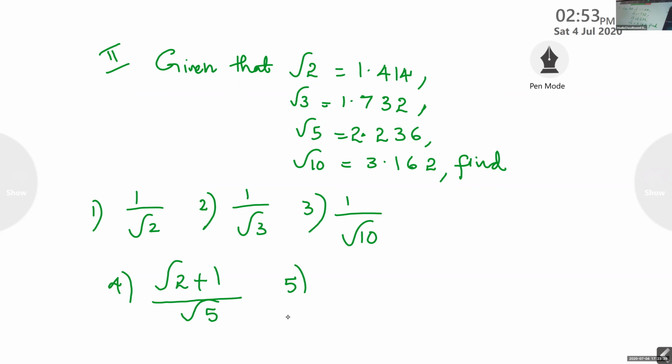Fifth question, 2 minus root 3 by root 3. Sixth question, root 10 minus root 5 by root 2.